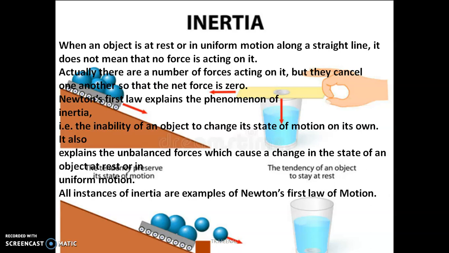So when we apply unbalanced force, obviously there will be a change of state, and that explains all the inertia examples. So all instances of inertia are examples of Newton's first law of motion. I hope you all are clear about Newton's first law of motion.